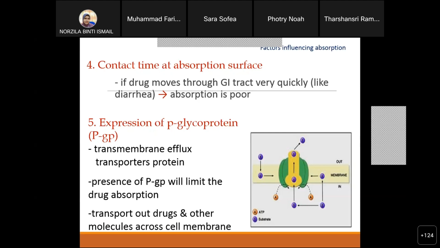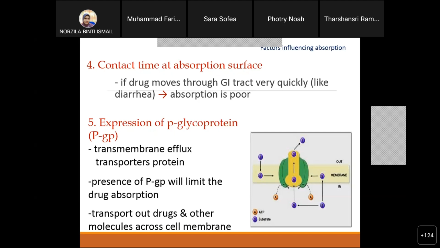Maknanya dia daripada dalam organ, dia ambil, it will take the drugs back to the outside of the organ. So if P glycoprotein expression is high in certain sites or organs, the absorption in that site or organ will be limited.